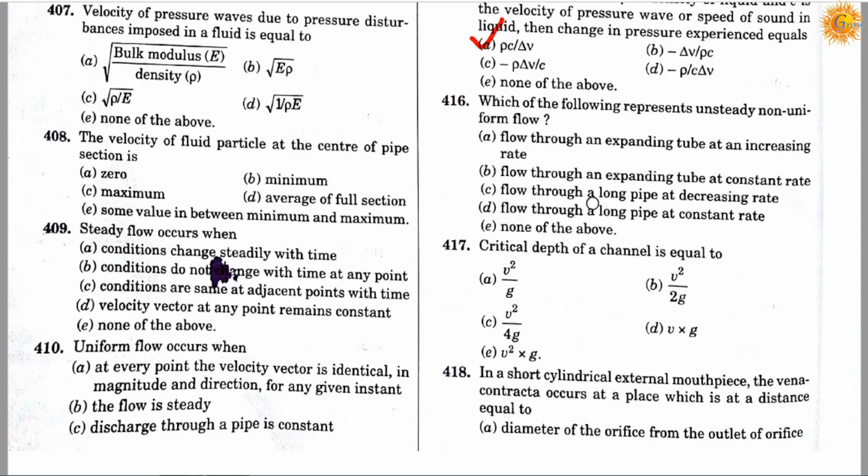Option C, flow through a long pipe at decreasing rate. Option D, flow through a pipe at constant rate. Option E is none of the above. Correct answer is A, flow through an expanding tube at an increasing rate.